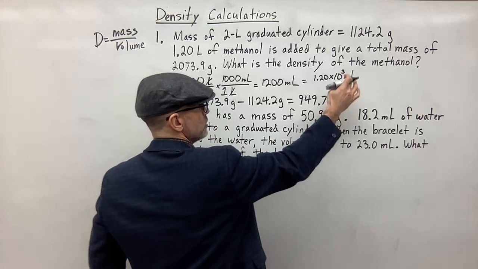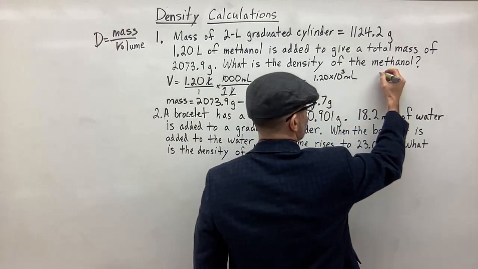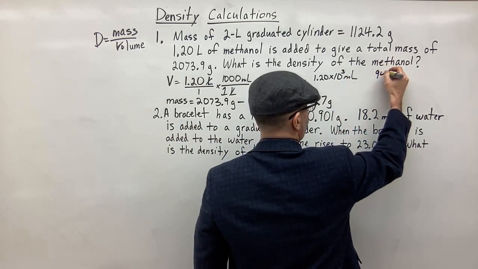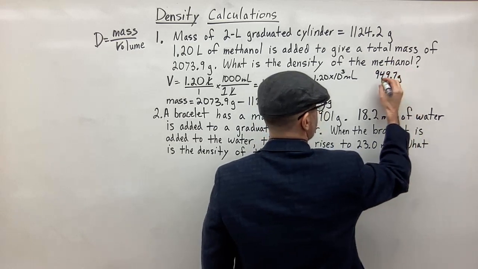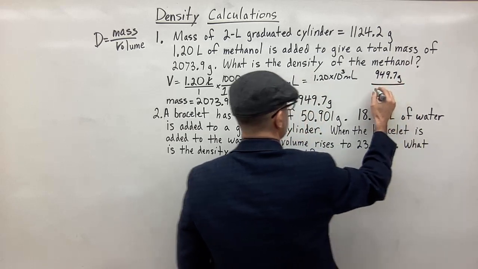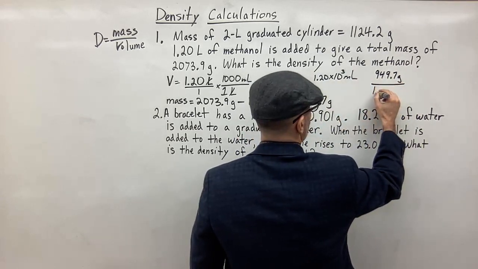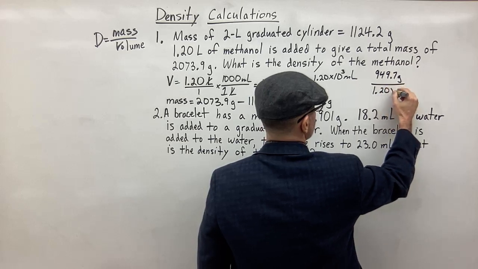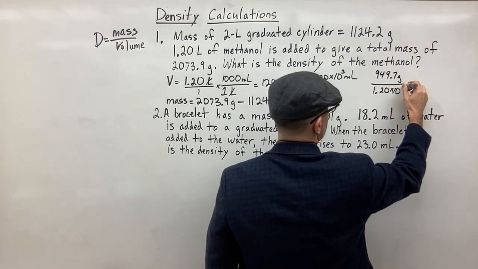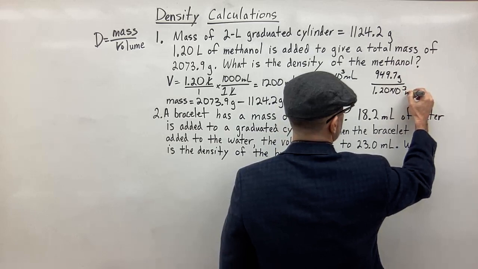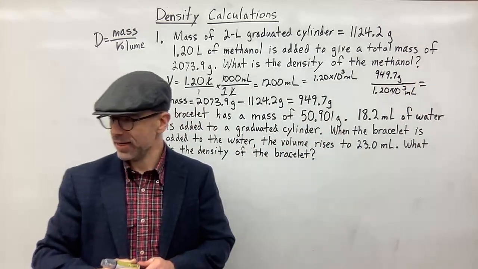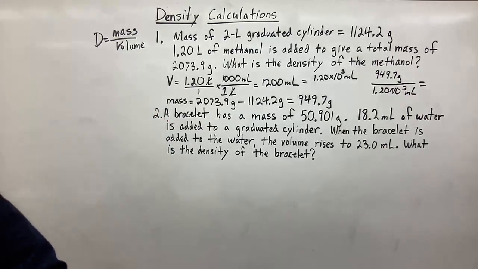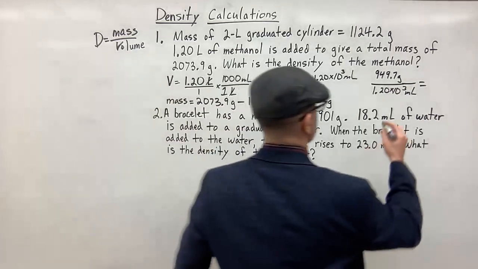So mass in grams divided by volume in milliliters: 949.7 grams divided by 1.20 times 10 to the third milliliters. And when I divide that, I get 0.791.